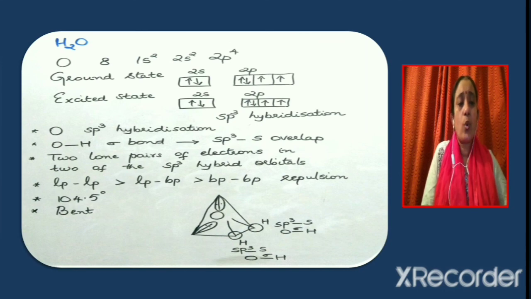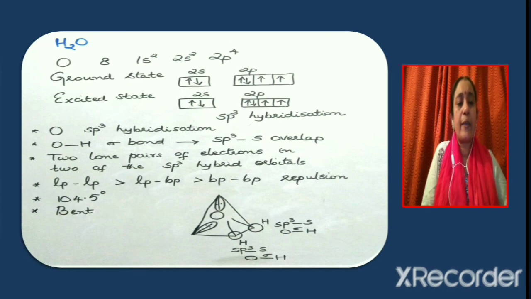Out of the 4 sp3 hybrid orbitals, 2 of them will have a pair of electrons and the remaining 2 sp3 hybrid orbitals will be having only 1 electron each. Now let us see how the OH sigma bond is formed. 2 such bonds are present in water. So each of the OH sigma bond is formed by the overlap of the sp3 hybrid orbital of oxygen with the s orbital of hydrogen.